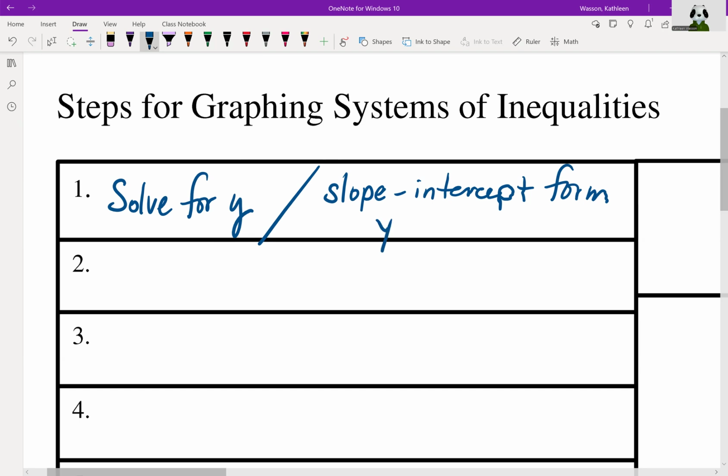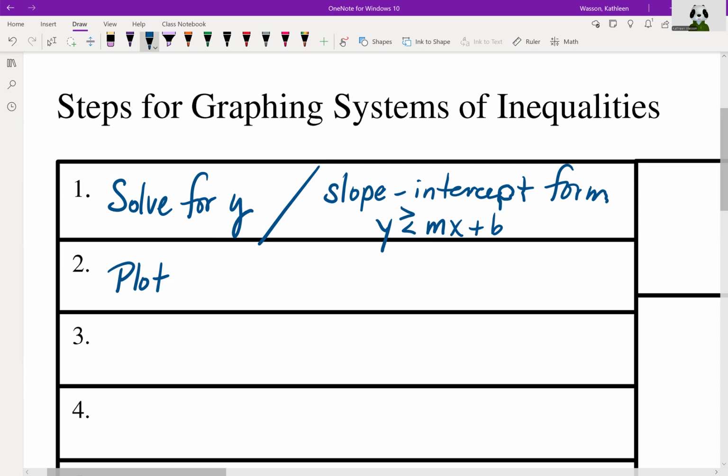So it's very similar to if you have an equation, the difference is you won't have an equal sign. You'll have greater than or less than, or greater than or equal or less than or equal to mx plus b. You start graphing at the y-intercept.